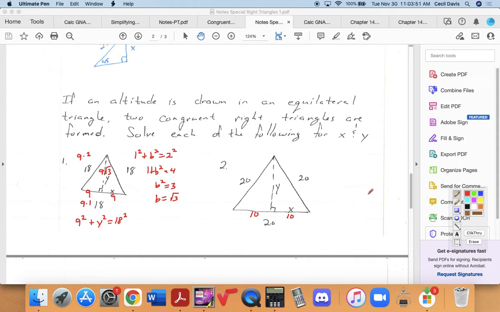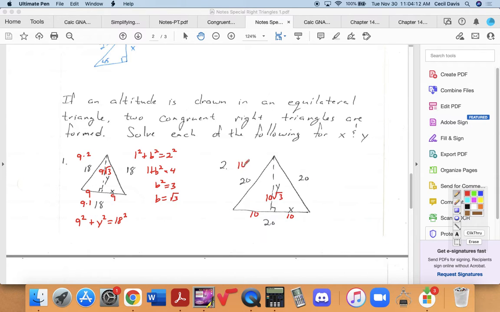Why are you adding? Oh. That was very aggressive. Would it be 10 square roots of 3? Yes, it would be 10 square roots of 3, because that's the hypotenuse. You were adding. Wait, I'm confused.